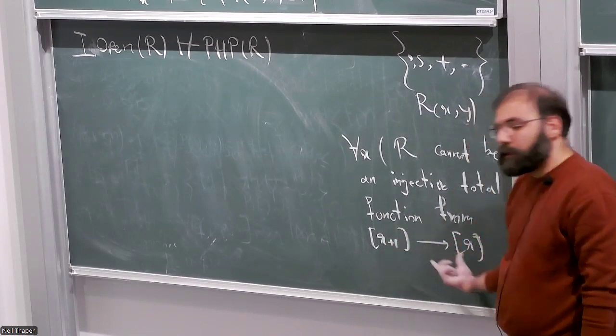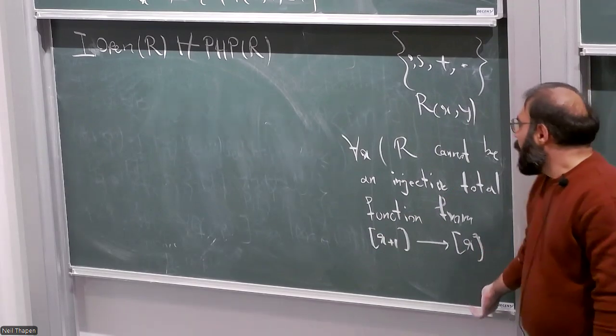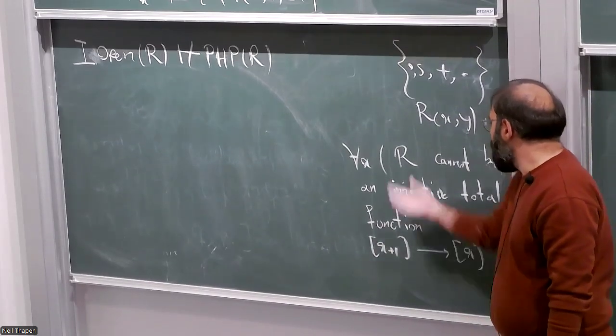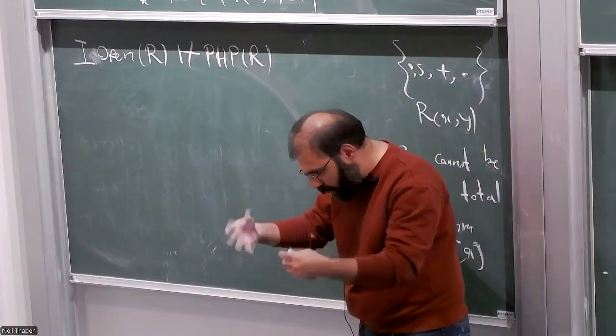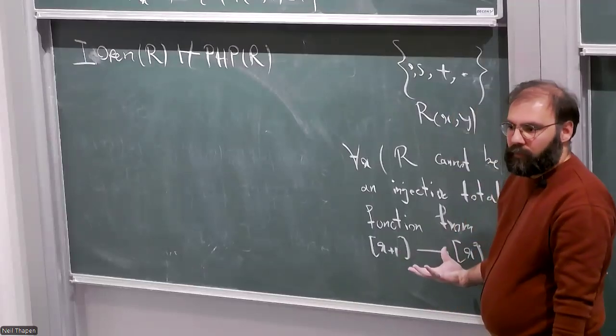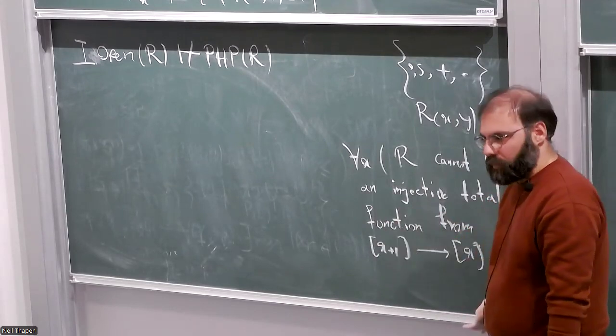If you have more pigeons, then you cannot map them injectively to the holes. And PHP R simply says that R cannot be that function. There is no such function because R is generic. R cannot be that function.